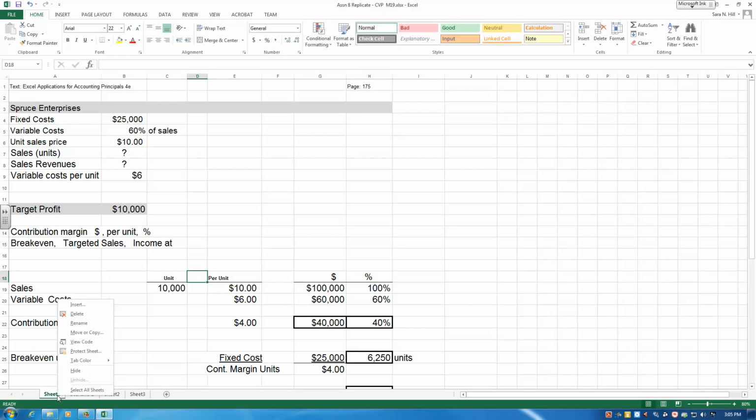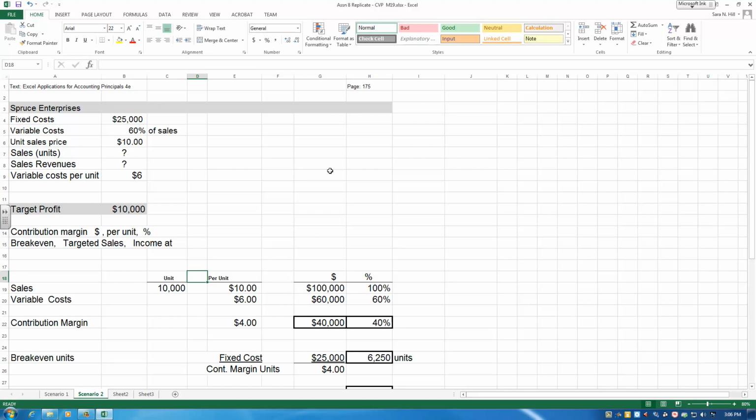Maybe by just right-clicking on a sheet, you can say rename. We'll say this one is scenario 1. So now this is going to stay exactly the same. Let's move on to sheet 2. Anything we change on here will not reflect onto the first tab.